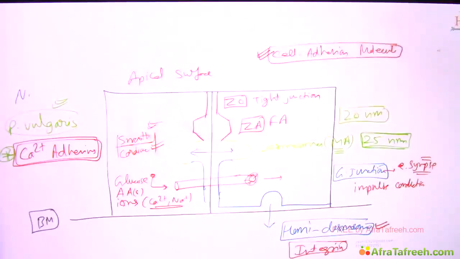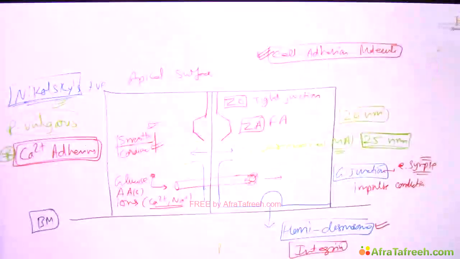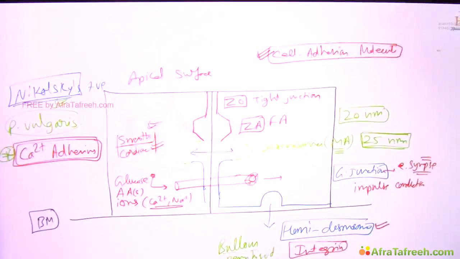Nikolsky's sign is positive in which condition? That is pemphigus vulgaris. How do we do Nikolsky's sign? We will find that out, but it is positive in pemphigus vulgaris. If you compare it with bullous pemphigoid, bullous pemphigoid is autoantibodies destroying the hemidesmosomes.